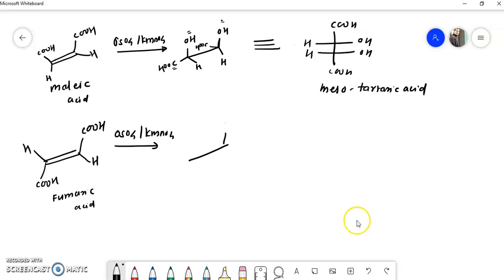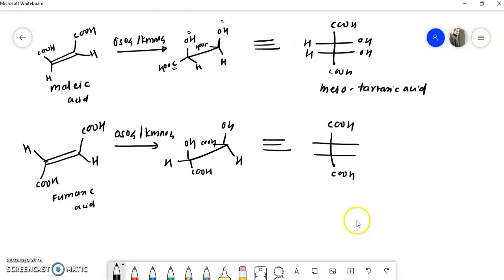See, OH groups will be on the same side, and the geometry of other groups will be as it is. So here is a hydrogen, here is a hydrogen, here is a COOH group, here is a COOH group. So again we get a Fischer projection formula like this. OH groups are on the opposite side and hydrogens are on the opposite side.